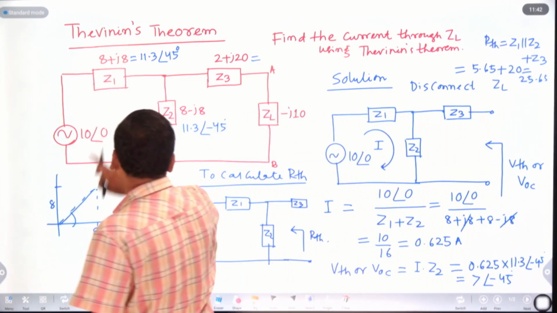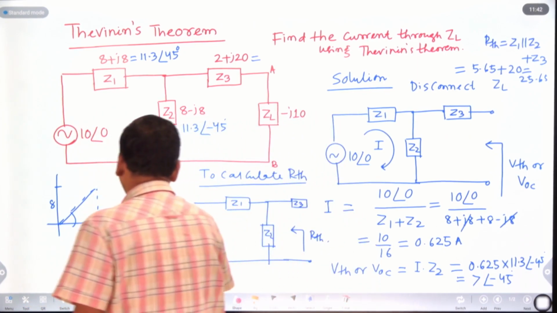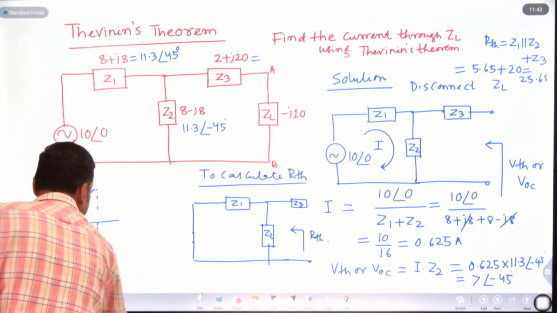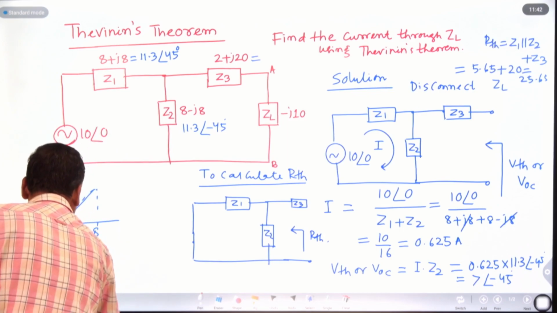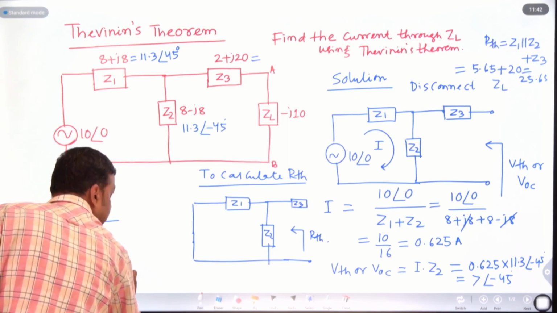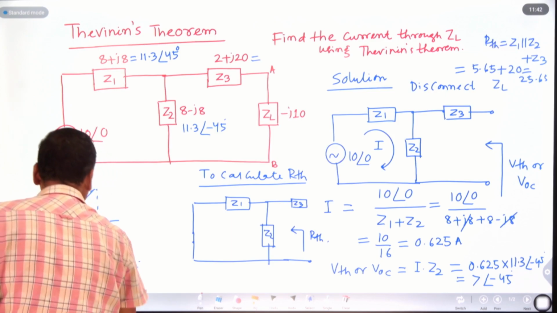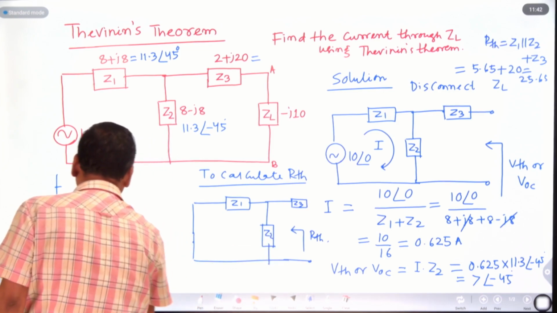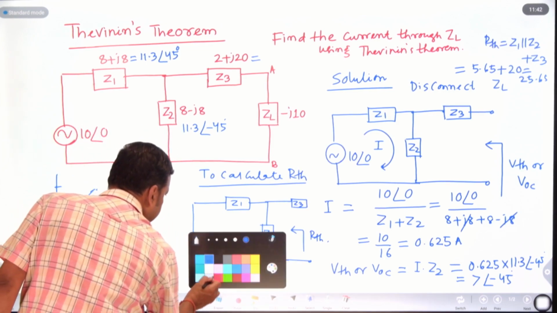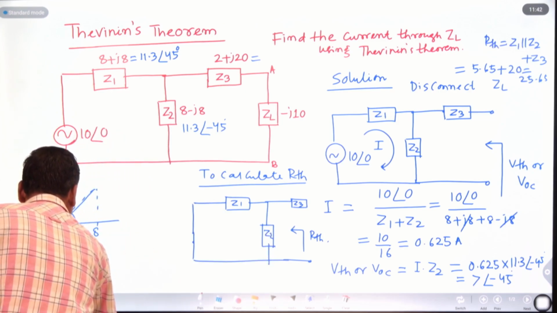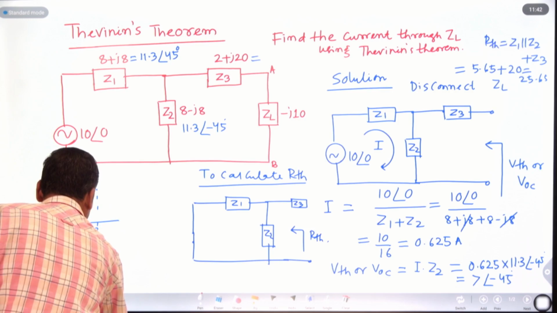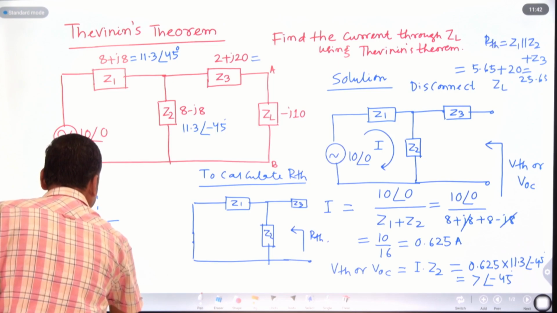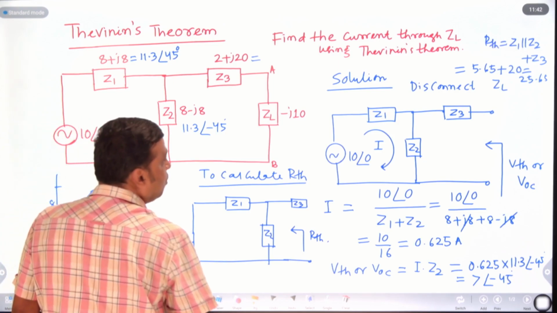Then reconstruct the circuit. This is your VTH. So VTH is how much? VTH equals 7 angle minus 45, and then RTH is around 25.65.